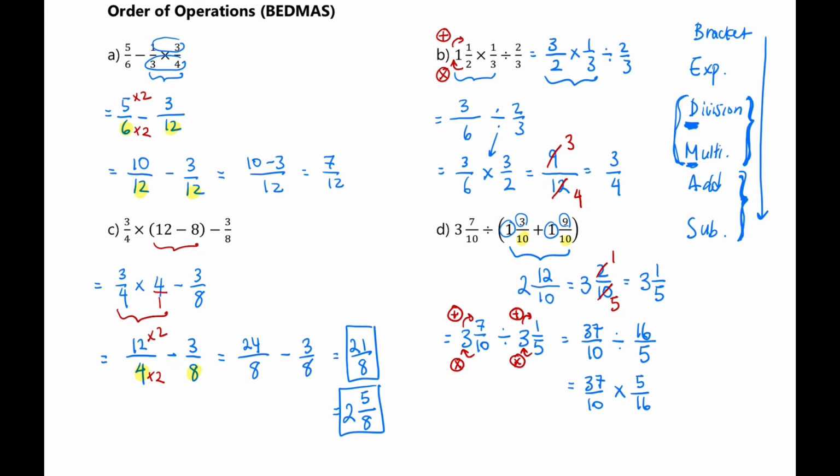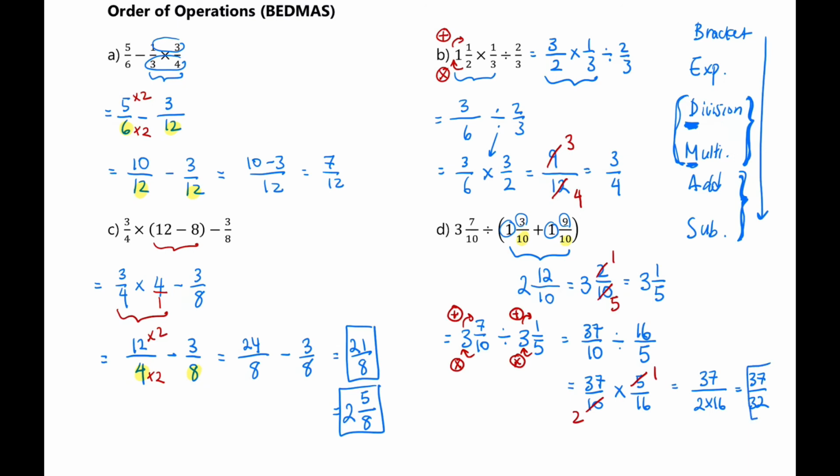Perhaps we can divide, hold up. Yeah, so we can reduce this by 1 and 2. And 37 is unfortunately a prime number, so it won't be reducible. So we'll just leave it at that. So we have 37 over 2 times 16 on the denominator, which ends up being 32 on the bottom.